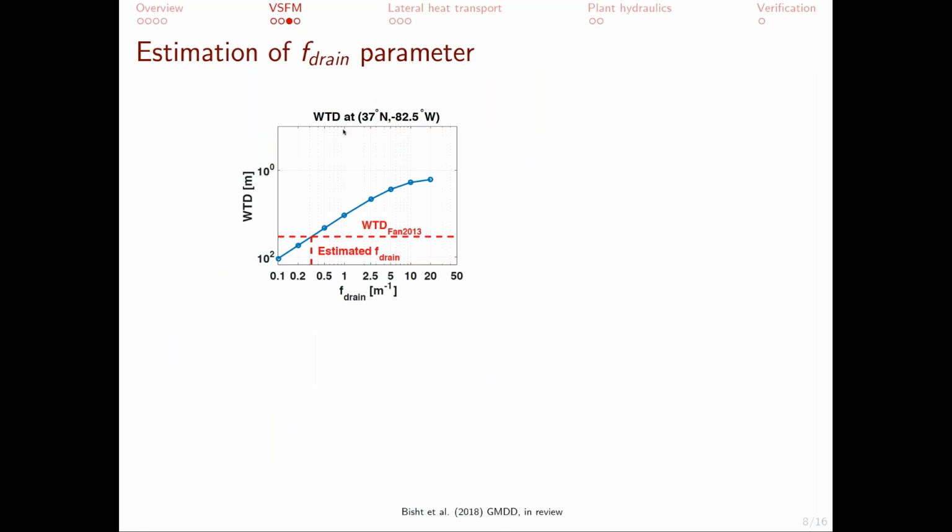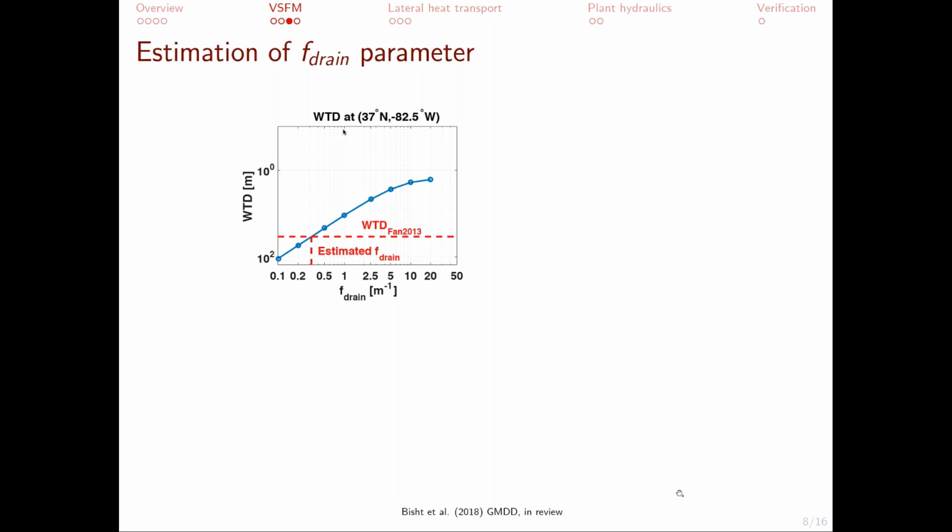Now, an example of how the F drain parameter was estimated. This figure shows, for one particular grid cell in the global simulation, how water table depth at the end of the 200-year simulation compared with F drain.